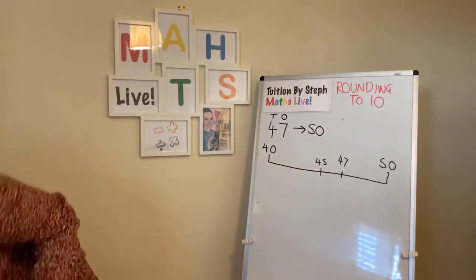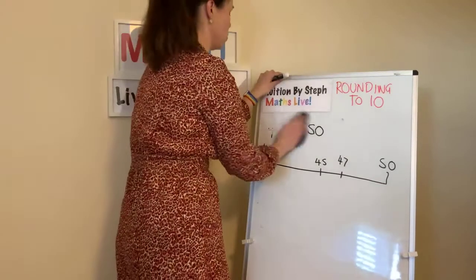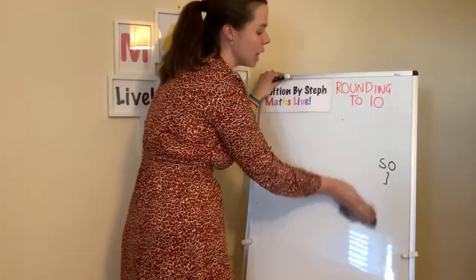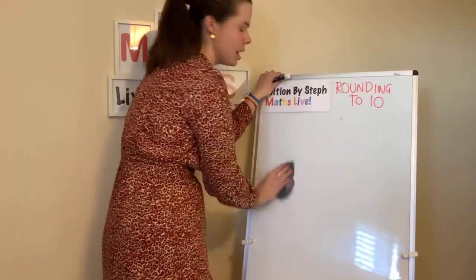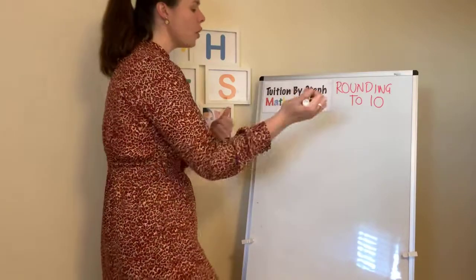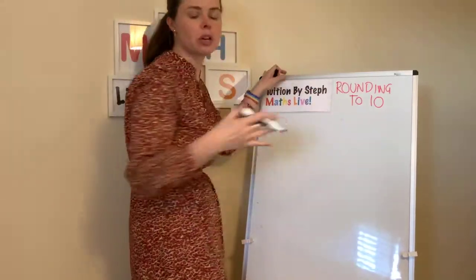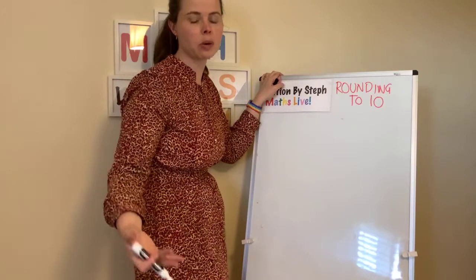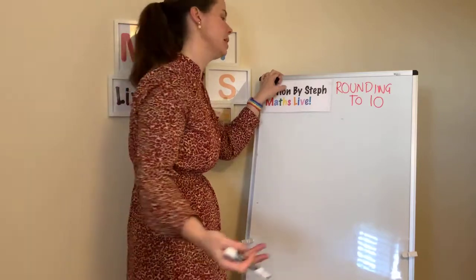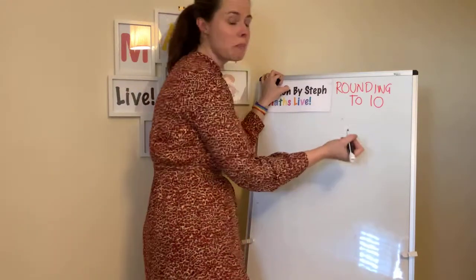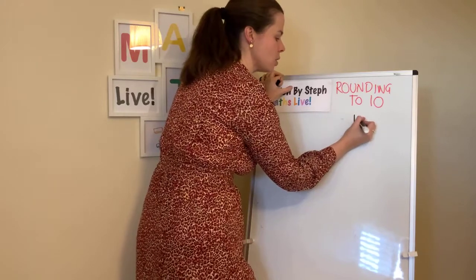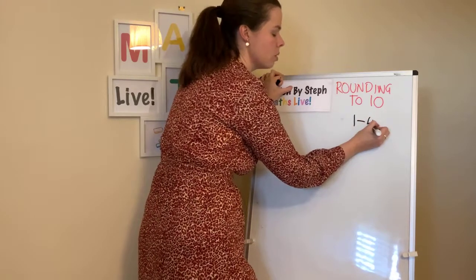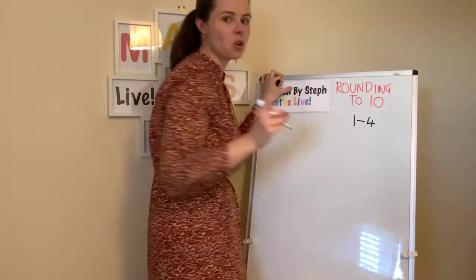And there's a rule to help you. Rather than drawing number lines each time, here is the rule. For whatever number you're rounding to, we're going to be doing the nearest 100 tomorrow, and the nearest 1,000 on Wednesday. Whatever the number ends in, if it ends in a 1 or a 4, you stick or you round down.